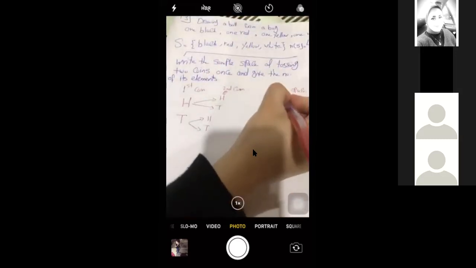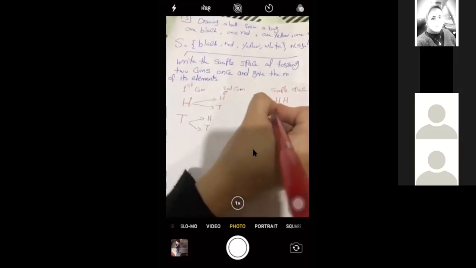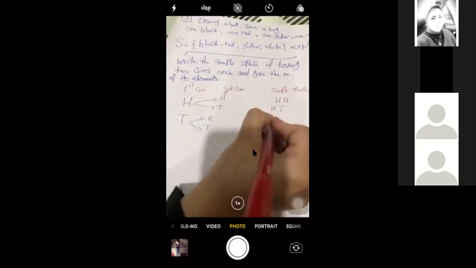That means for the sample space, if the first coin is head, maybe the second coin will be head. So both of them are head, head. But maybe if the first coin is head, the second coin is tail, so head and tail. Maybe the first coin is tail and the second coin is head, tail and head.